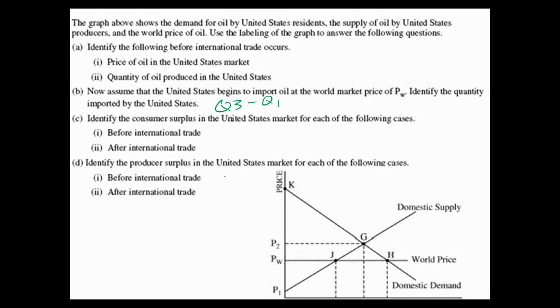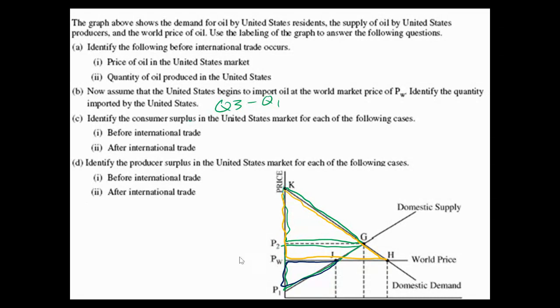Then it says identify the consumer surplus in the market before international trade. Before international trade, consumer surplus was this right here, and producer surplus was this right here. Then it says after international trade. After international trade, consumer surplus is now this, and producer surplus after international trade is just this right here.